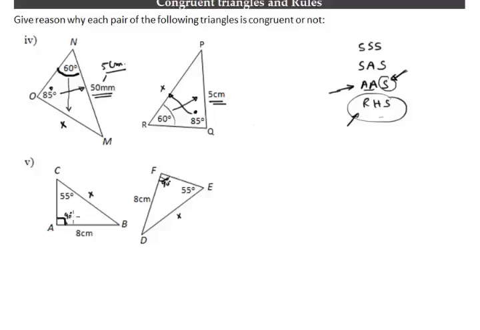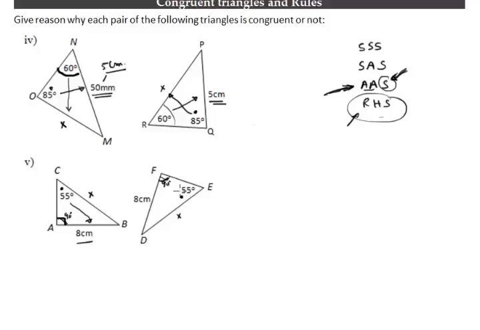So one angle is equal to another angle. Then this 55 degree angle is equal to this 55 degree angle. So between these two triangles, based on the given information, we can decide that two angles are equal. So if two angles are equal, we can try this rule as well, AAS. Now we need to have a corresponding side. The 55 degree angle's opposite side is 8 centimeter.